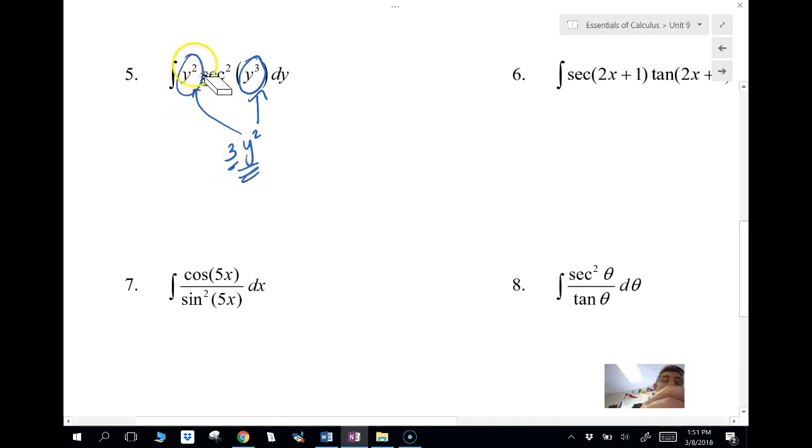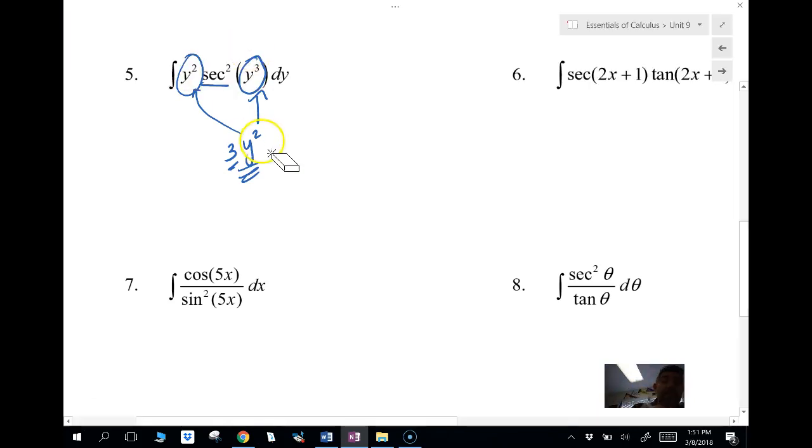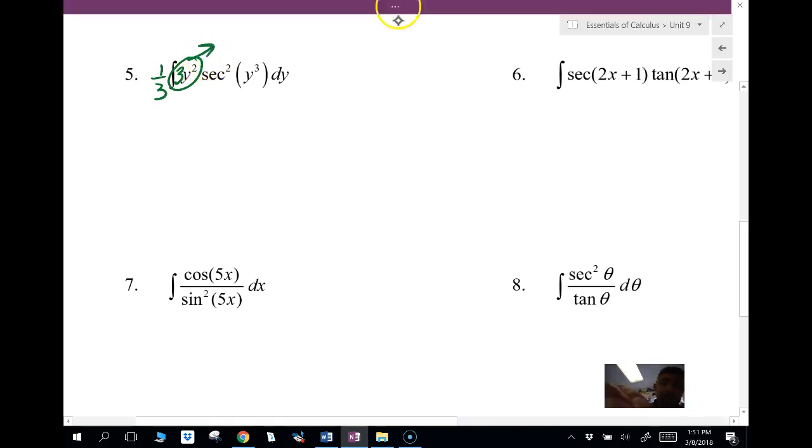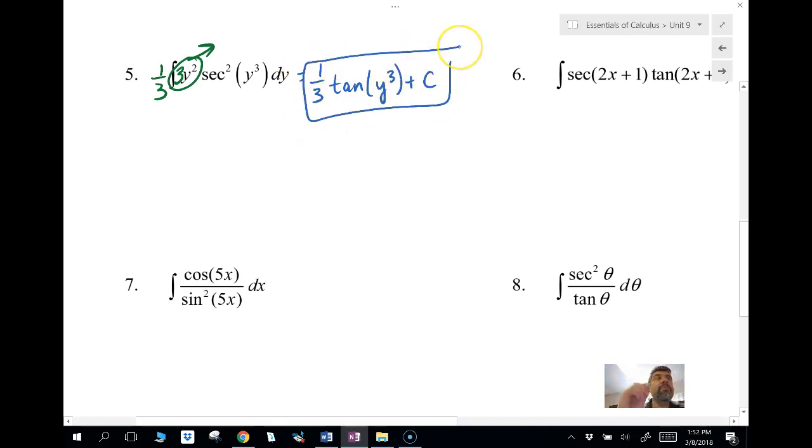All we need is a 3, so I'm going to put a 3 right there and a 1/3 out there to do reverse chain rule. There's my hook. So I'm going to have 1/3. And then what's the antiderivative of secant squared? To get secant squared, I need to take the derivative of tangent, plus c. Boom, done.